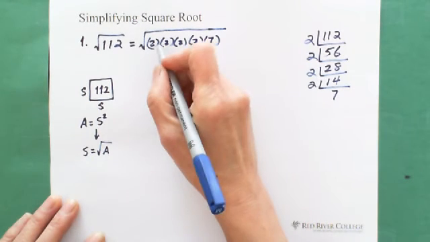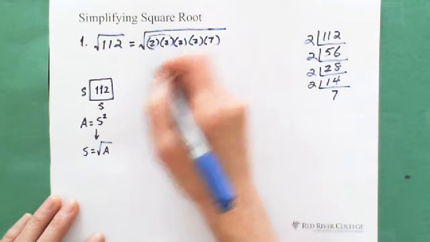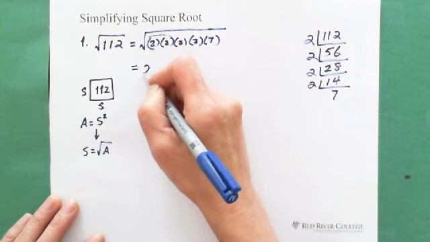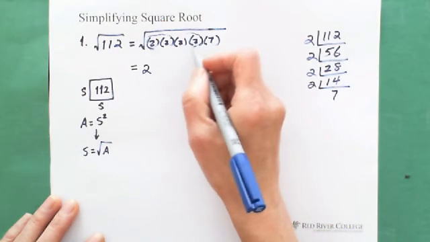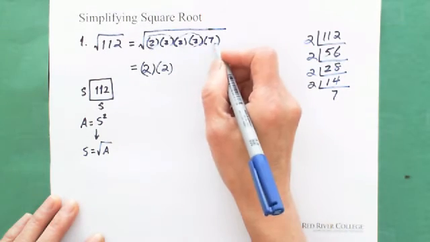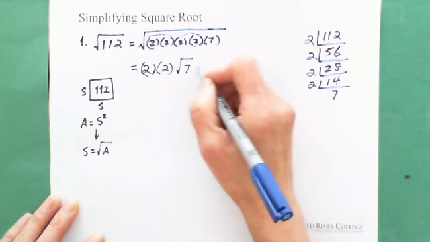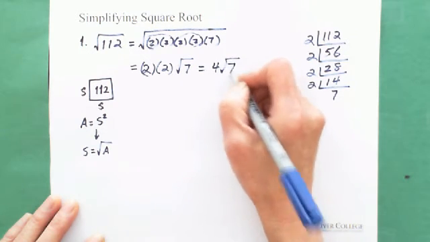Now we have these two 2s; 2 squared, the square root comes out as 2. These other two 2s are another pair, so we get another 2. The 7 is only one, so it stays inside the radical. That's why the answer is 4 times the square root of 7.